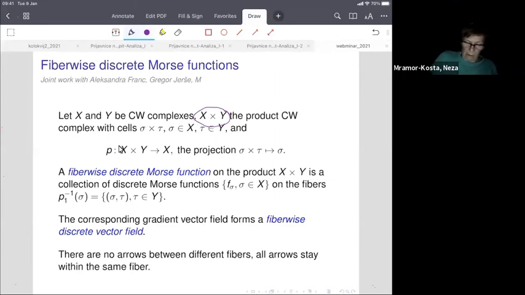A projection which goes, for example, onto the first factor, or it might go onto a section S of X, where S goes from X to X times Y and is a section. So it could be more general. We have a projection from the product to a section of the first factor in the product.